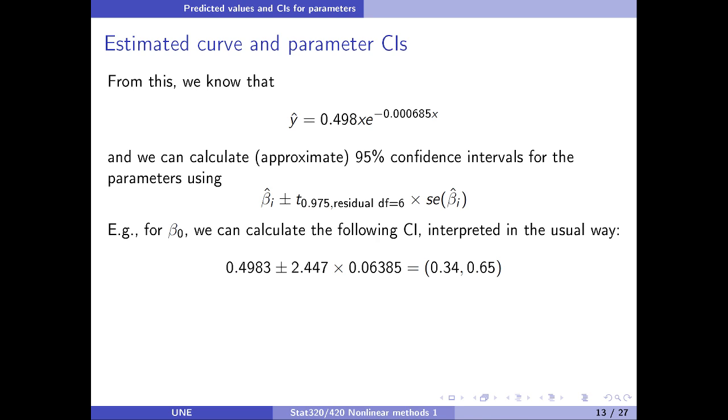Multiply that all through, and we get 0.34 to 0.65. That is, we're 95% confident that beta 0 lies between 0.34 and 0.65, with a best guess of about 0.5.